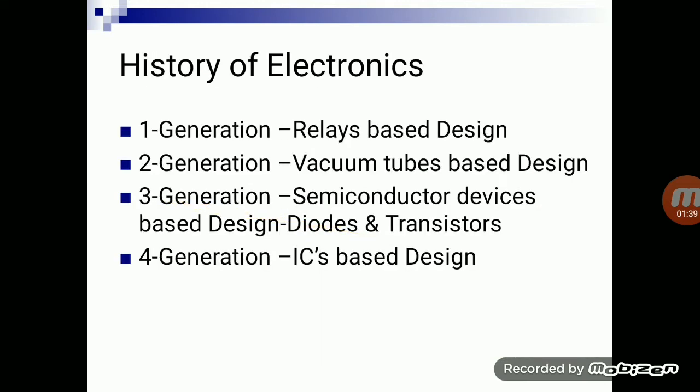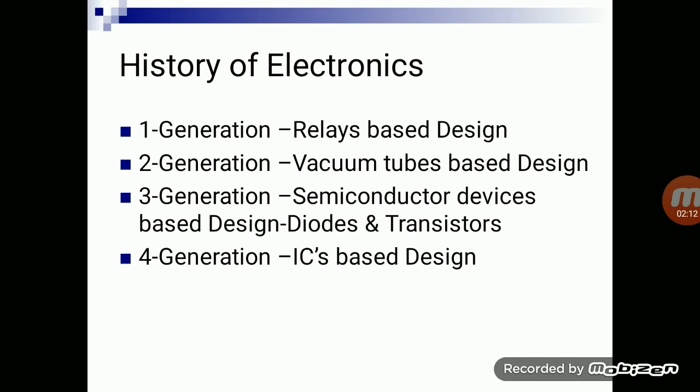Before going into the details of VLSI design, let's go through the history of electronics. Electronics is generally divided into four generations. In the first generation, in the early days, ICs were made using relays. Relays are nothing but two plates. Based on supply, they contact each other: contact means on, open means off.